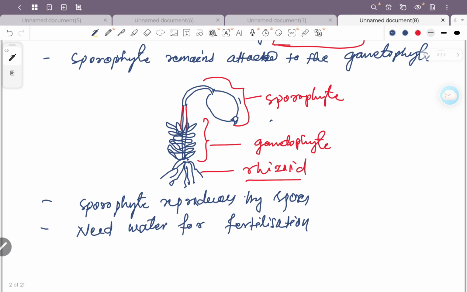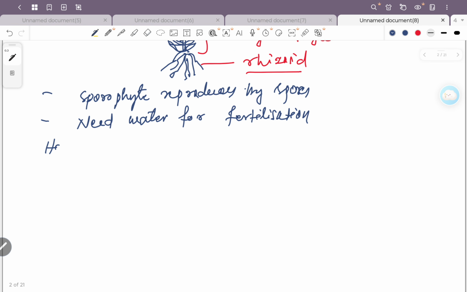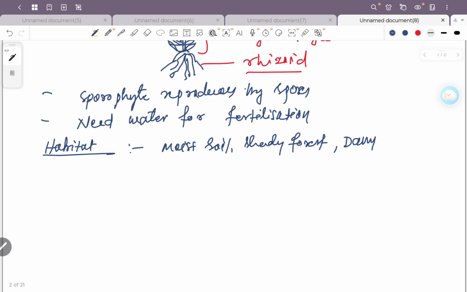Now come to the habitat of this plant, means where do they grow. The habitats are moist soil, shady forest, damp rock, marshy places.